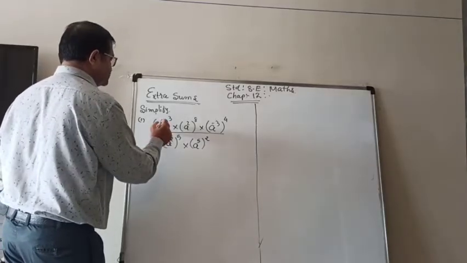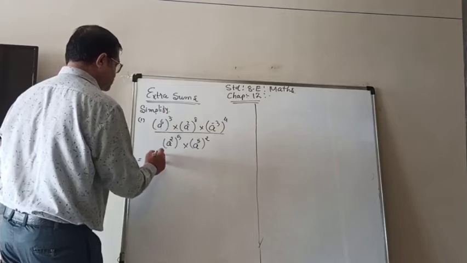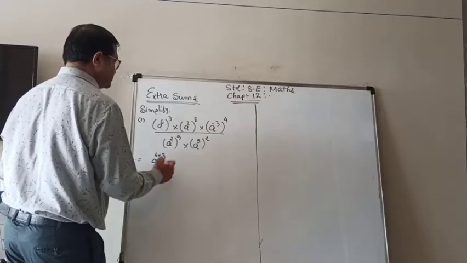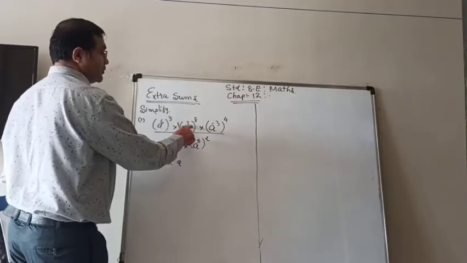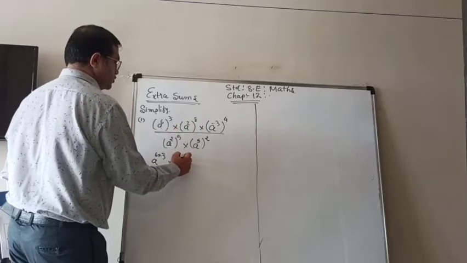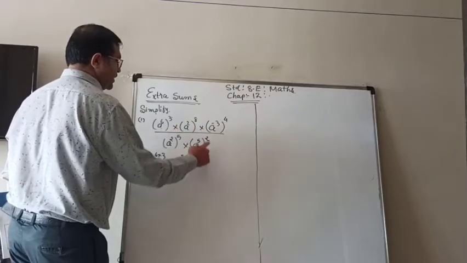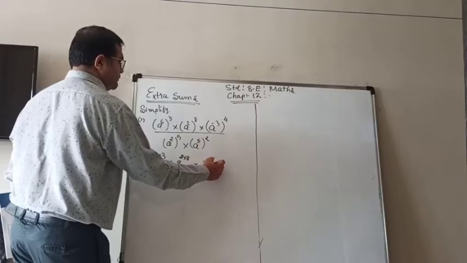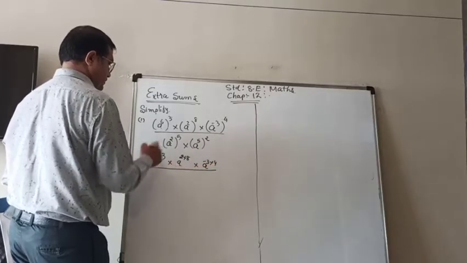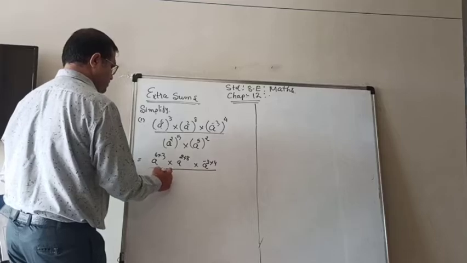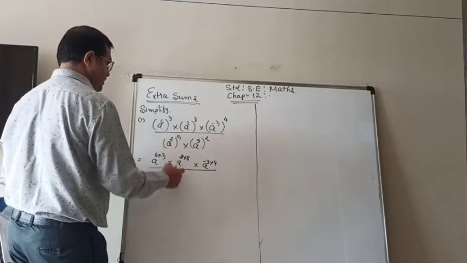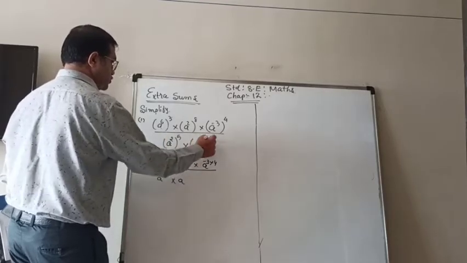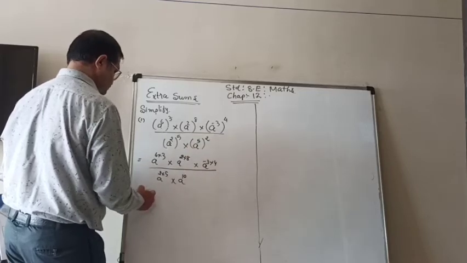So now here you can see that it is power of power. So 6 multiplied by 3. Also power of power, 2 multiplied by 8. Power of power, minus 3 multiplied by 4. And a raised to 5 twos are a raised to 10, and a raised to 5 twos are a raised to 10.